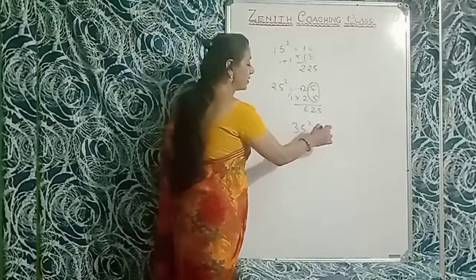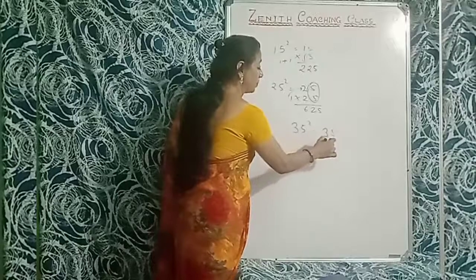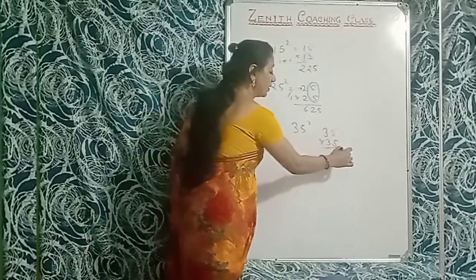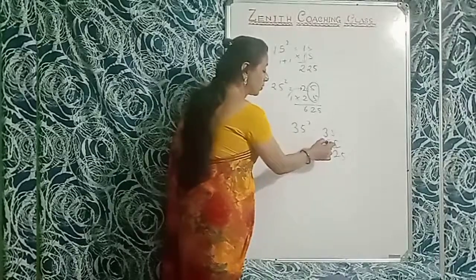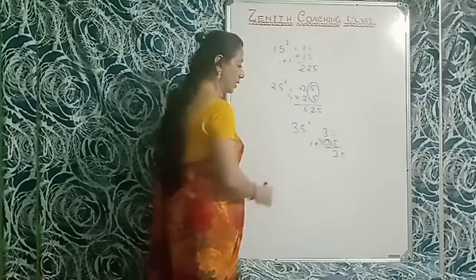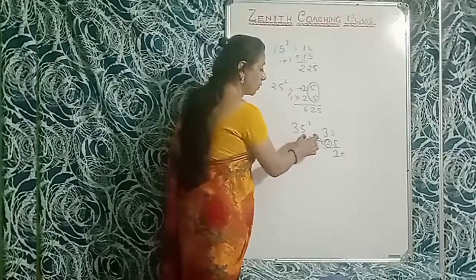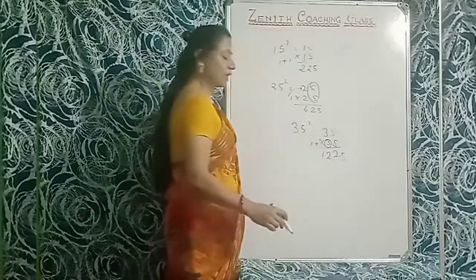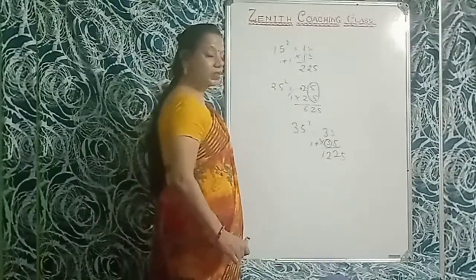So 35 square is 35 multiplied by 35. Then 5 multiplied by 5, 25. And 3 plus 1, add 1 to this number. That is 3 plus 1 equals 4. 4 multiplied by 3 equals 12. So 35 square is 1225.